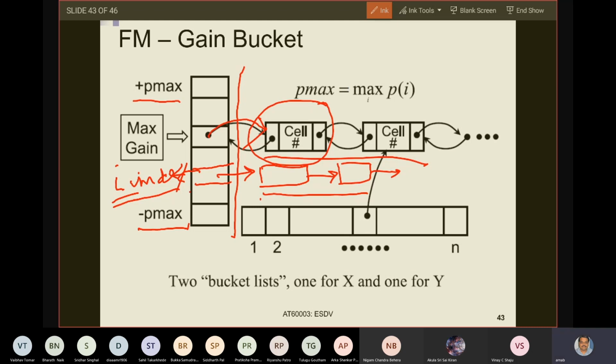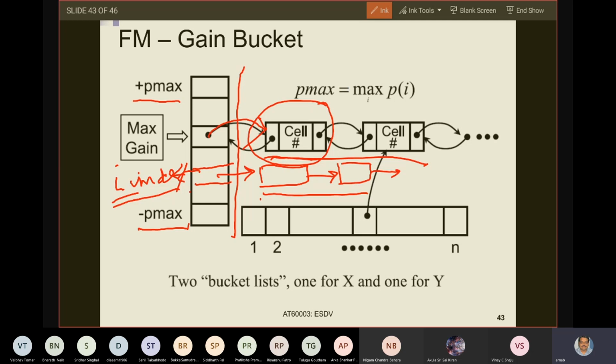After I have done this movement, I will update the gains of all the neighboring tasks corresponding to this task. I have moved that task to Y. Now where will I put it?